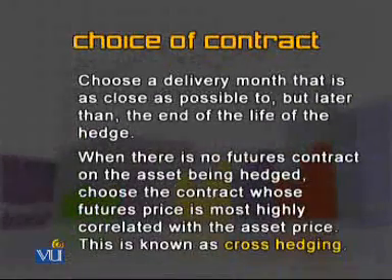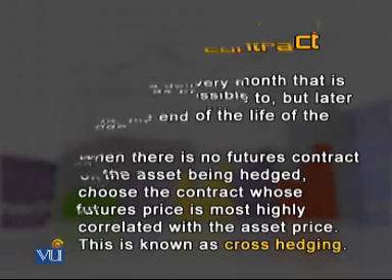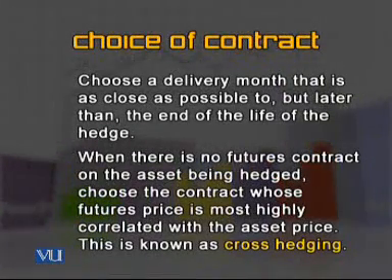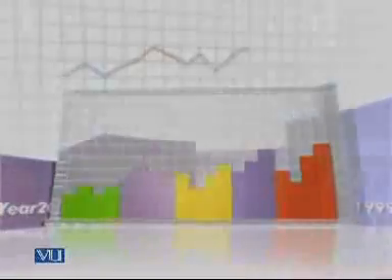So maybe we will then use the most appropriate alternative product. In doing this, we get involved in something called cross-hedging, meaning not choosing the same product to be hedged, but settling on a reasonably similar product in the futures market, using another product to support your underlying asset.